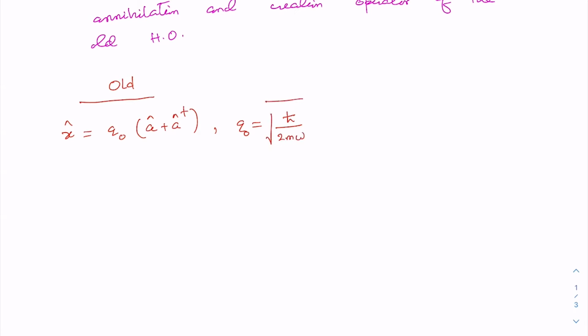That is for the old. Then I will also talk about the new a little bit later. And then the corresponding momentum operator would be i m omega q0 times a dagger minus a.